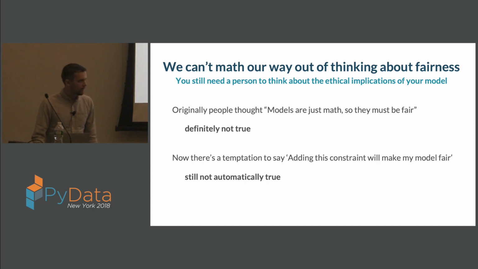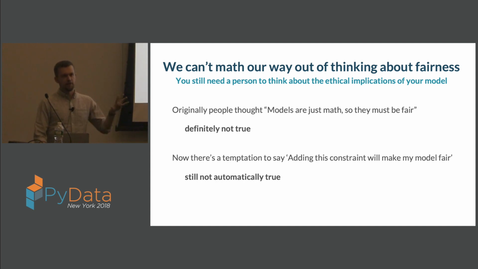I think historically, there was a temptation when machine learning models first started being used to make these decisions to say, oh, models are just math and computers, so they can't be unfair. At this point, that has been pretty thoroughly debunked. I think that's not a common opinion anymore. But there's a temptation to take the same reasoning and move it one step farther down the food chain.